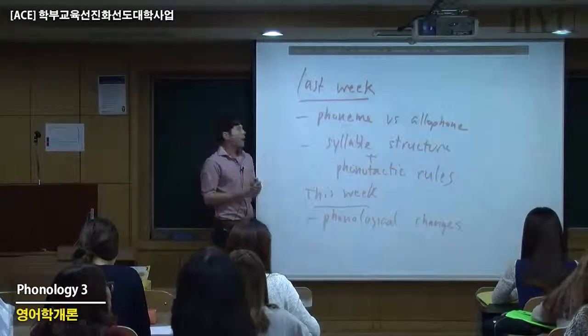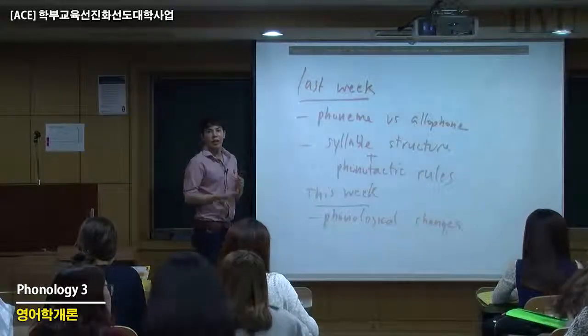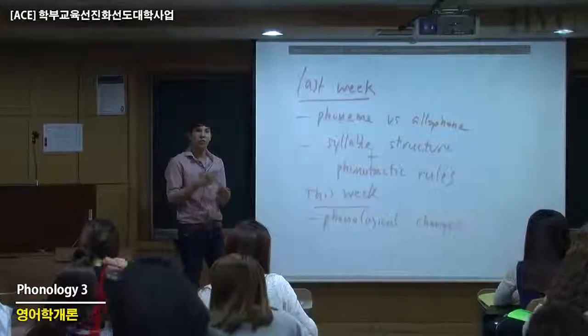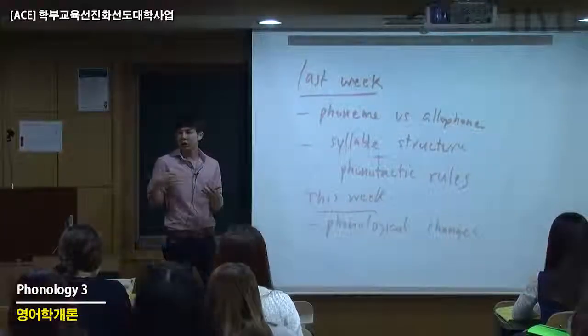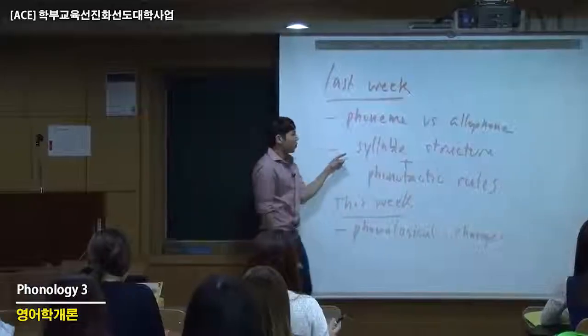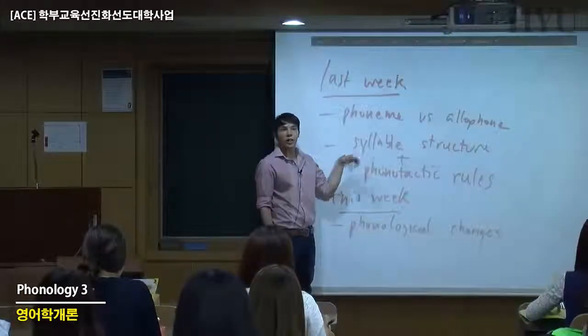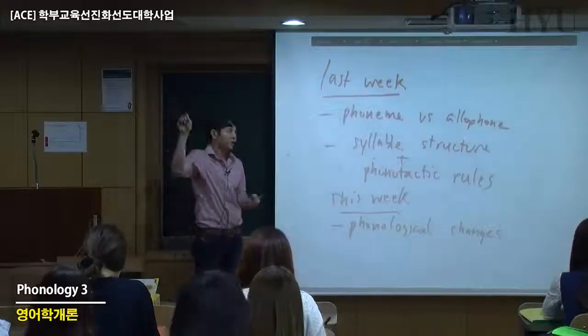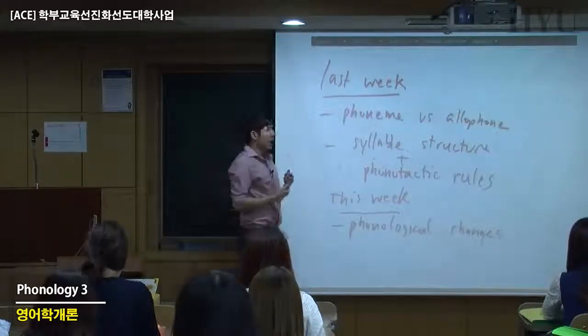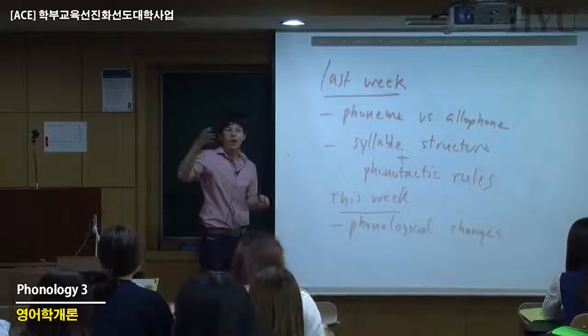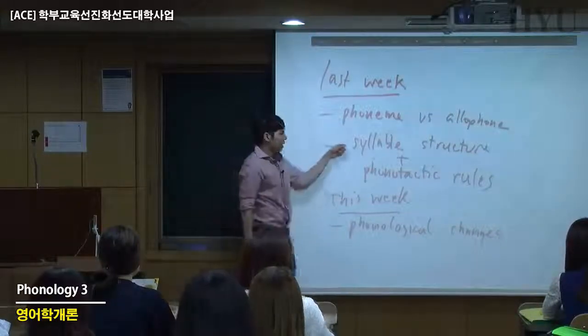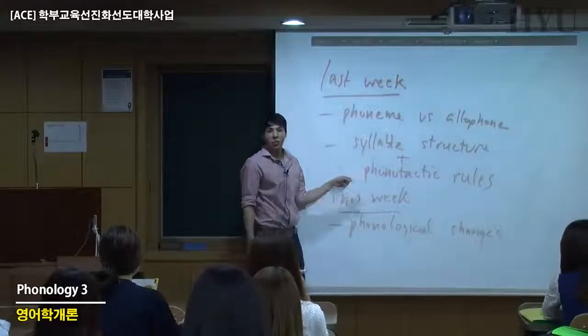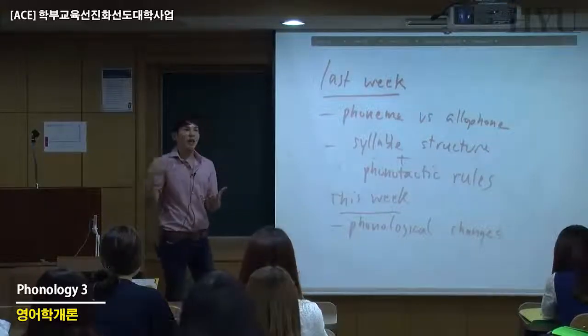Last week we talked about phonemes and allophones, right? And we looked at several examples of phonemes and allophones in English and also in Korean. And then we moved on to syllable structure. If you remember, we drew syllable trees, right? We drew tree structures for a syllable, and we talked about how to syllabify a word. We also talked about phonotactic rules in English, how sounds are arranged.